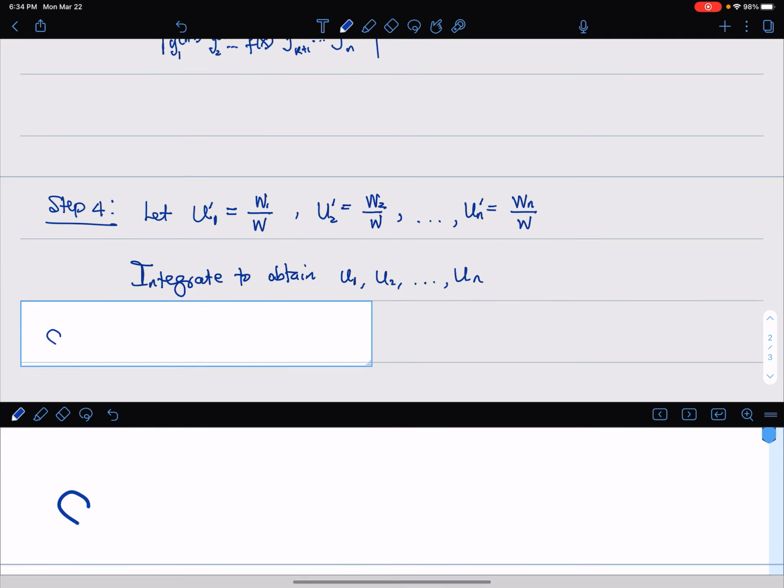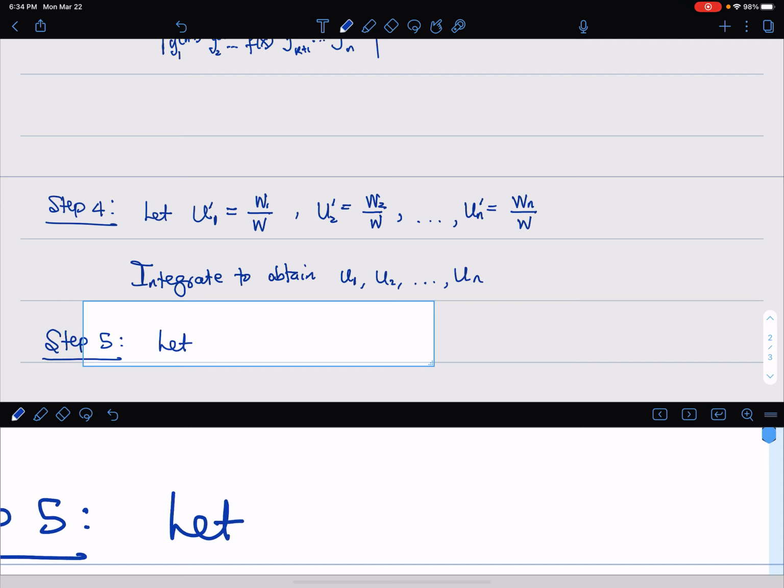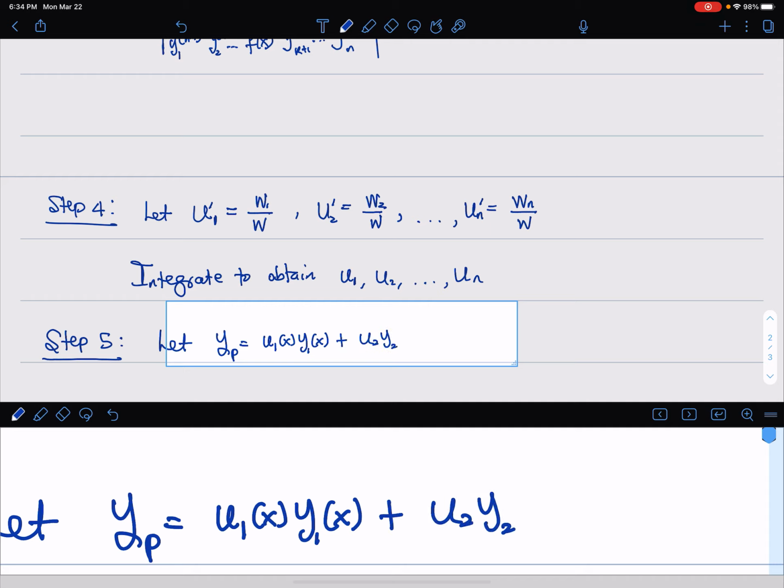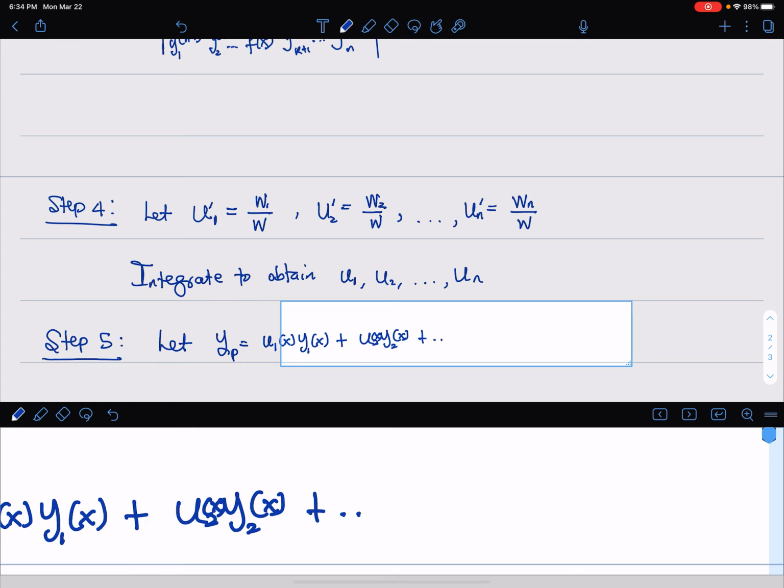And then the last step, step 5, is let yp be equal to U1 y1 plus U2 y2, well, all the way to Un of x, yn of x.